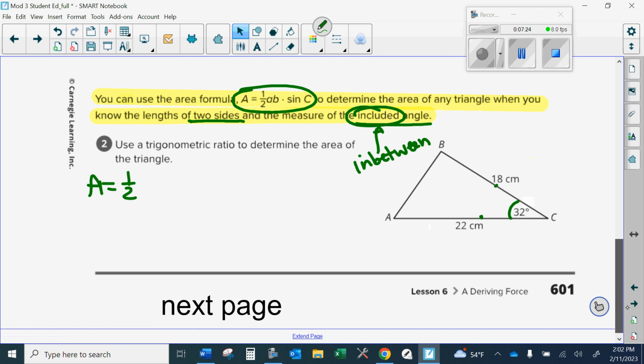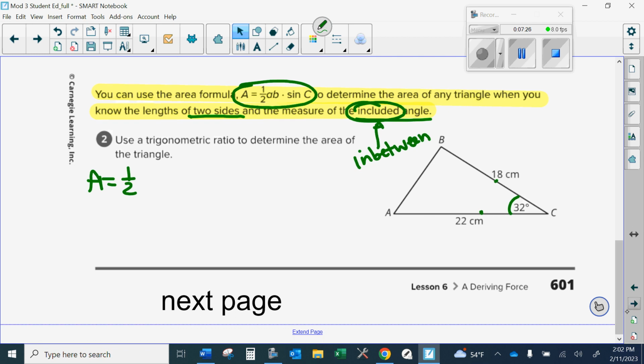So A and B are the two sides. Again, little a is across from big A, little b across from big B. So 1/2 A, which is 18, times B, 22, times sine of C, which is 32.